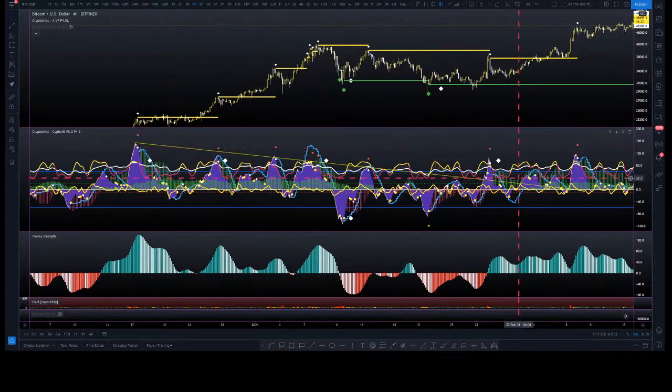All right, so we have this downtrend right here. And right here we have a broken trend.